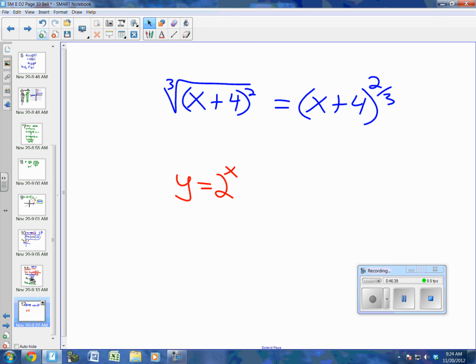You're going to have to come up with an equation. The equation is going to be of this form right here: y equals a times b to the x power. You're going to have a coefficient of a, and then you're going to have the base b, and then raised to the x power. So anyway, that's what it's going to look like. Just want to remind you of that.